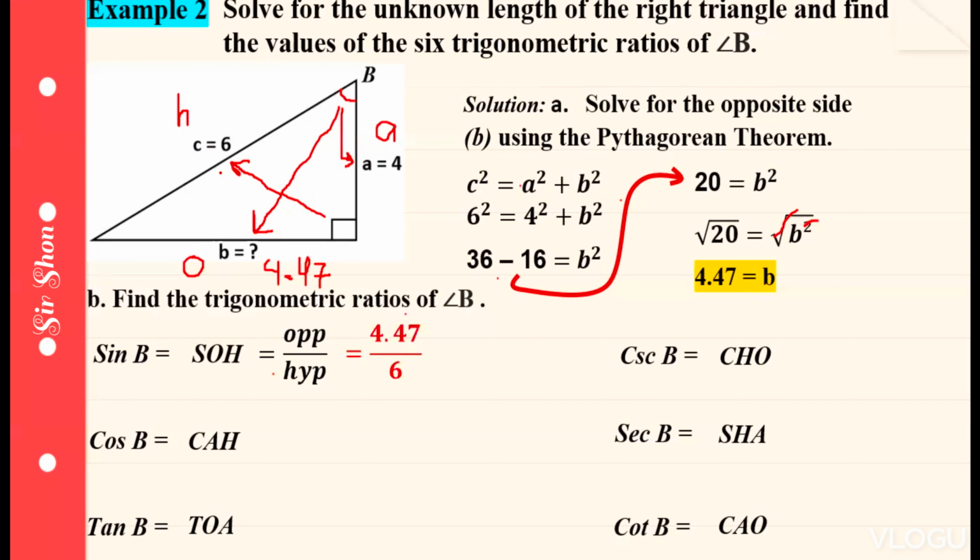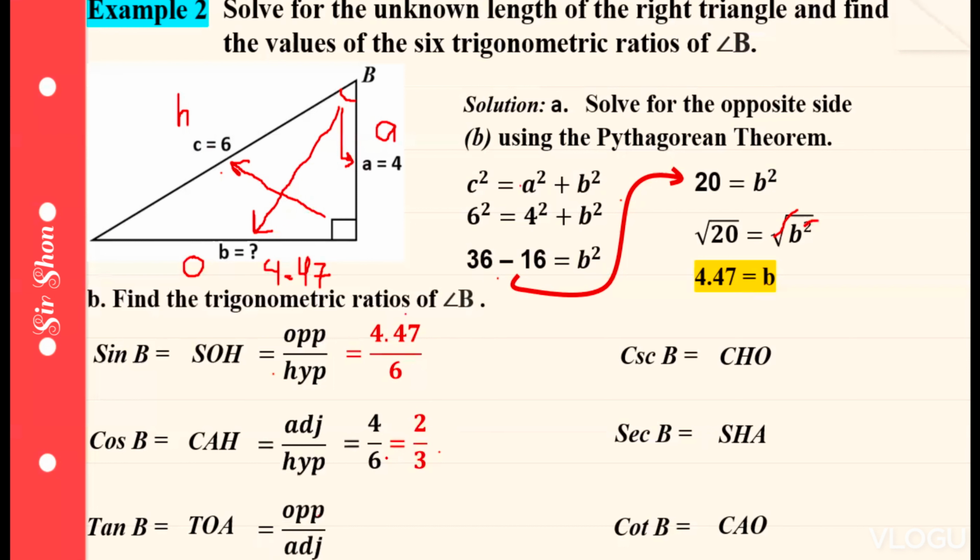And for the cosine, the formula is adjacent divided by hypotenuse. Our adjacent side is 4 and our hypotenuse is 6. To simplify 4 over 6, we divide both numerator and denominator by 2. 4 divided by 2 is 2 and 6 divided by 2 is 3. Therefore, the simplest form of cosine B is 2/3.